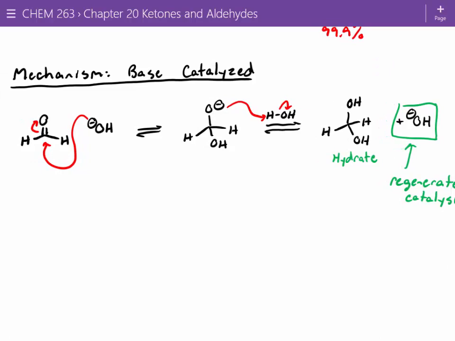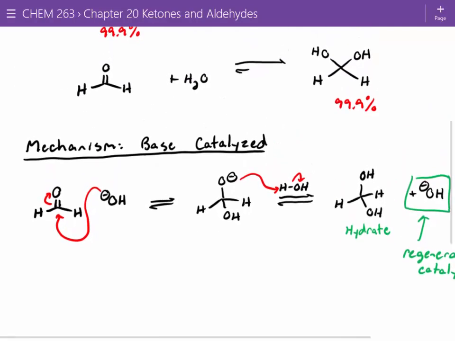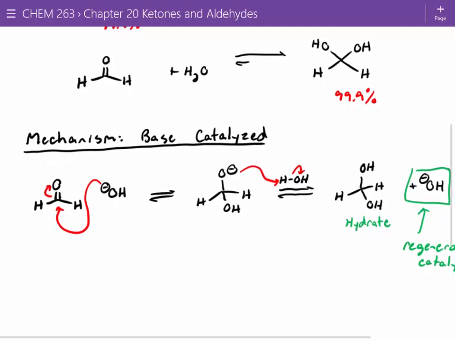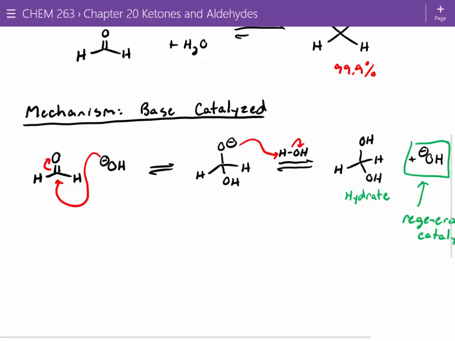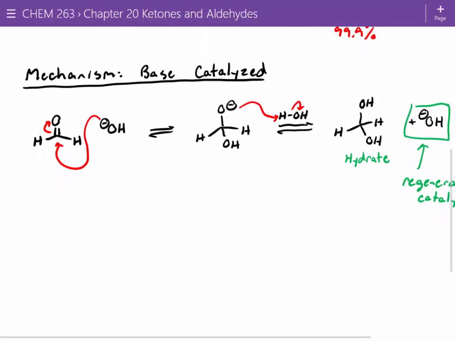In this case, do you think the reaction is going to favor the product side or the starting material side? Product side. So not only do we have a very strong electrophile, formaldehyde, but now we've got an even stronger nucleophile, hydroxide. So this is definitely going to favor the product side. I know you told me in your office, but will you tell me again how you know it's going to favor the product side? So it's a combination of things.